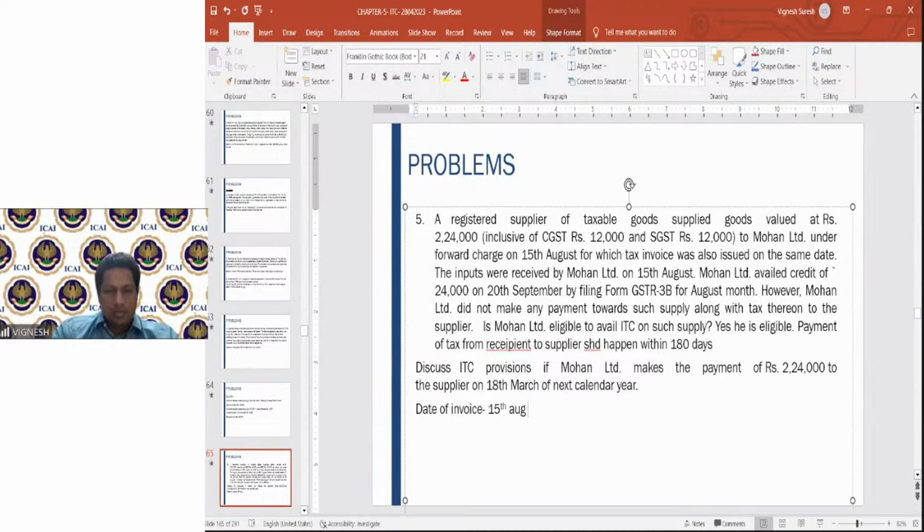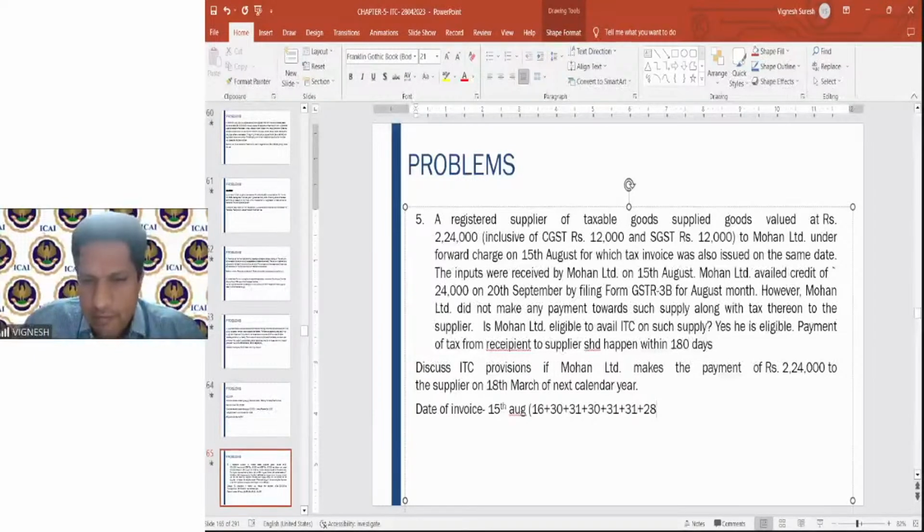August 16 days, plus September 30, October 31, November 30, December 31, January 31, February year is not given, so let's assume 28 days. So just take how many days have happened: 46, 77, 107, 138, 169, plus 28, 197.